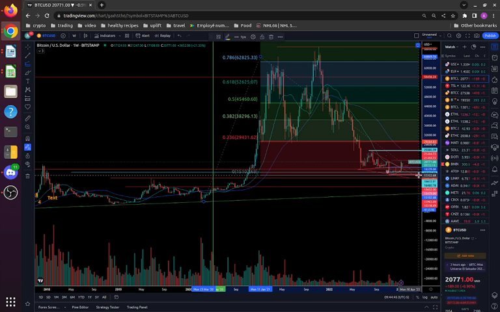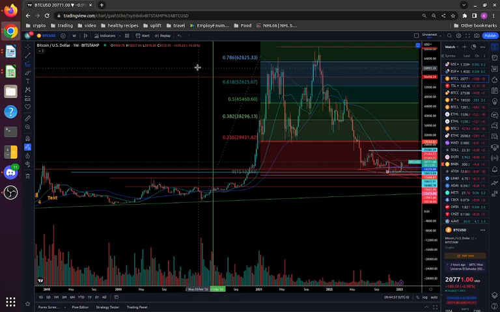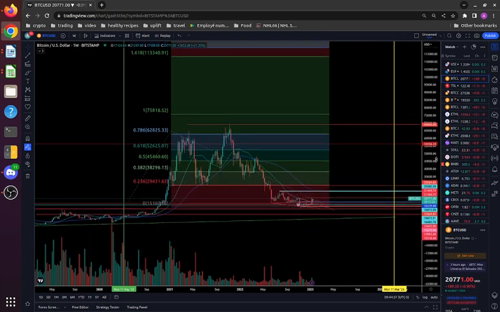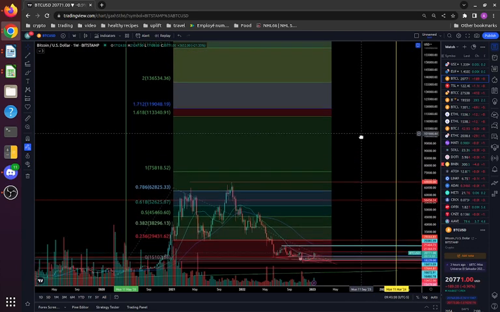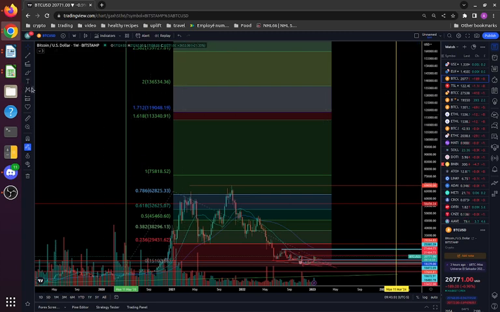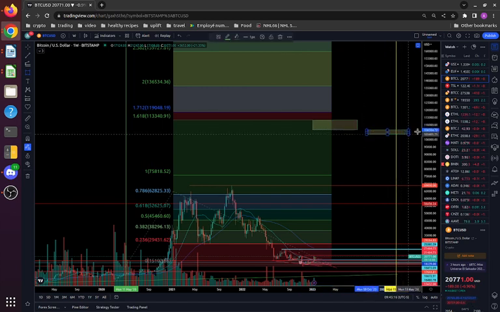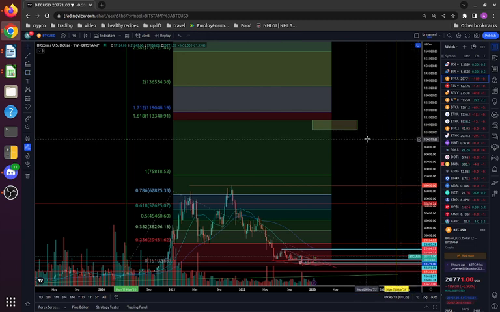This is the end of the wave 2 that we know of, but we're expecting maybe a new lower low. So we said that wave 3 usually is the 1.618. So this is going to bring us, I'm going to draw a box near the 1.618. So this is how people arrive at these numbers, the 100k.